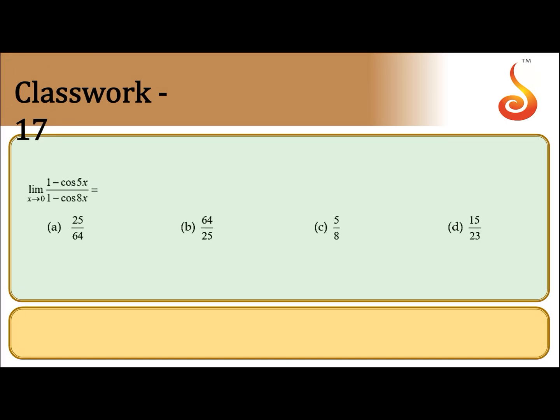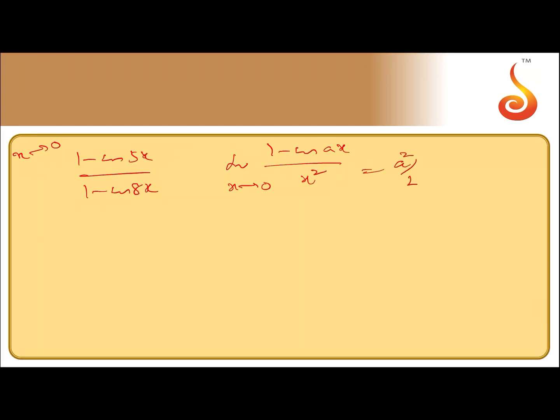Coming to the 17th one. Limit as x approaches 0 of (1 minus cos 5x) divided by (1 minus cos 8x). We apply one formula here: the limit of (1 minus cos ax) divided by x square as x tends to 0 is nothing but a square by 2.